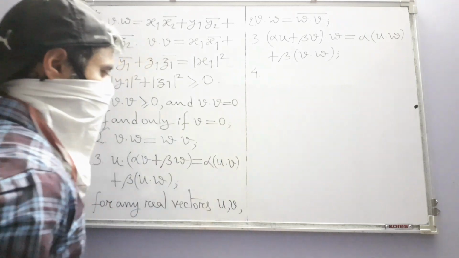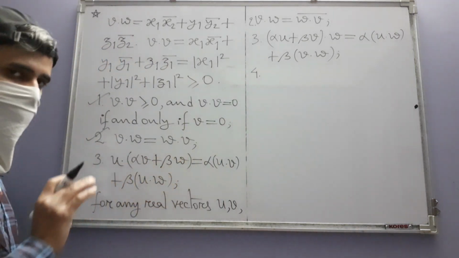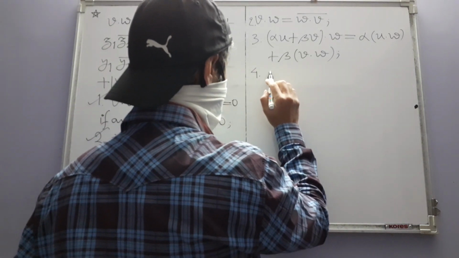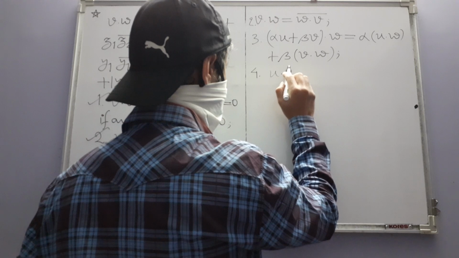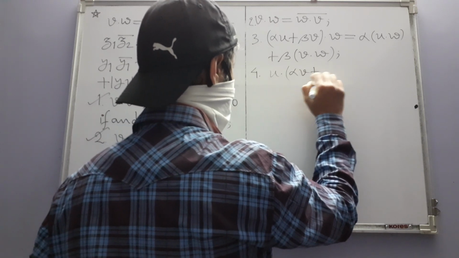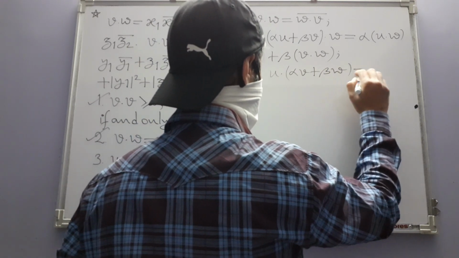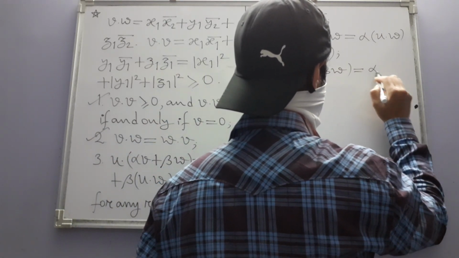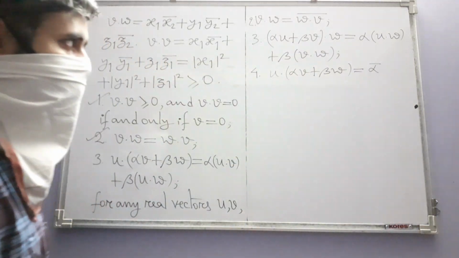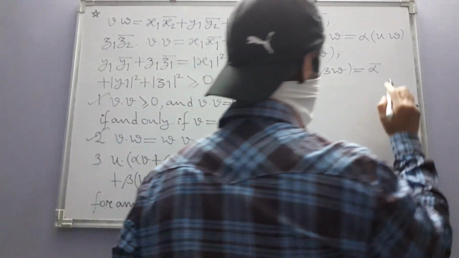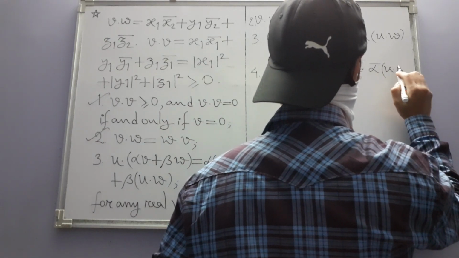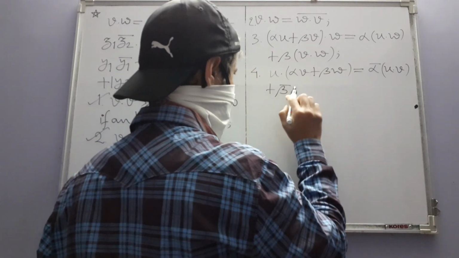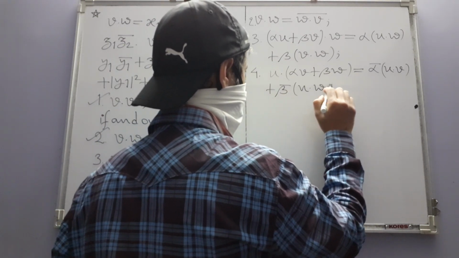And there is a fourth one which looks like this, but there is a slight modification. The fourth one is this: u dot alpha v plus beta w is, now we no longer will have simply alpha here, but rather its complex conjugate times u dot v plus the complex conjugate of beta times u dot w.